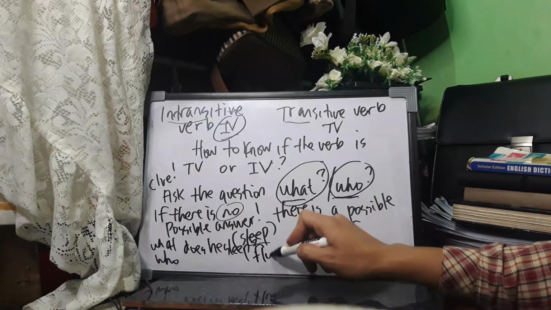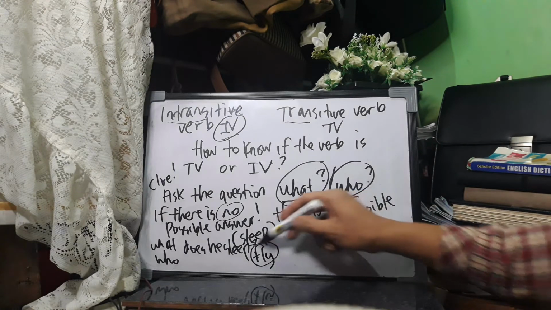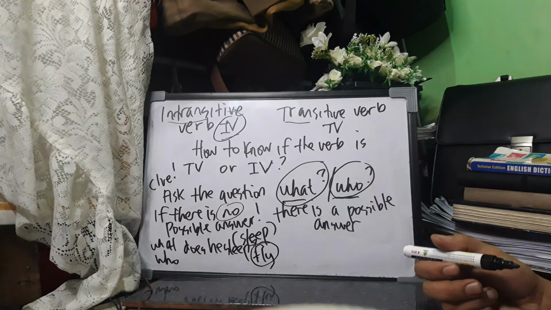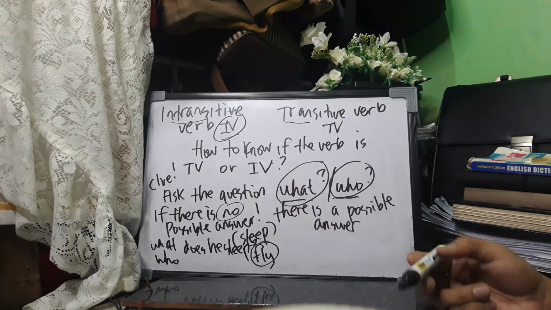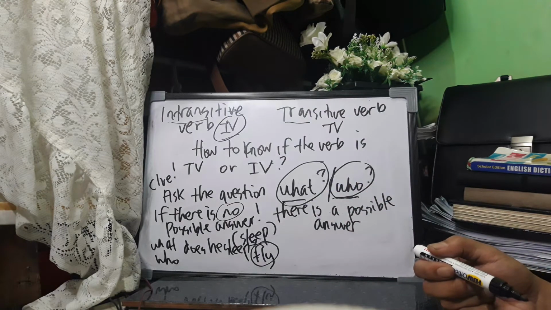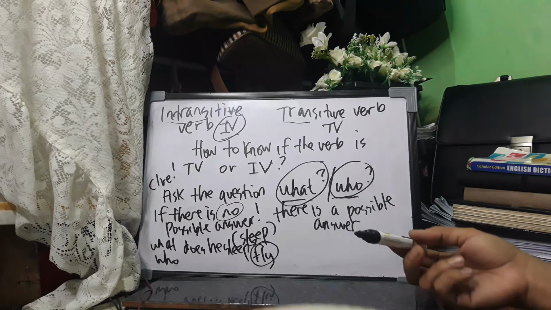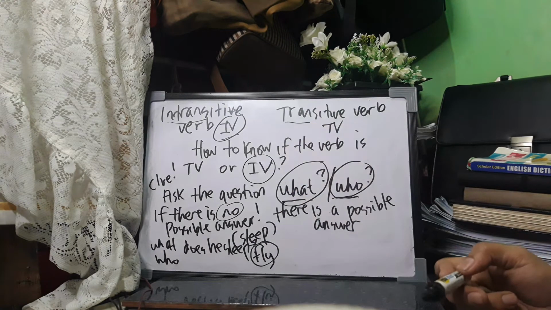Another example of an intransitive verb is fly. What do you fly? Cannot be. I fly the sky. Cannot be. I fly the dog. Cannot be. Therefore, the verb fly has no answer to the question what and who, so the verb is intransitive.